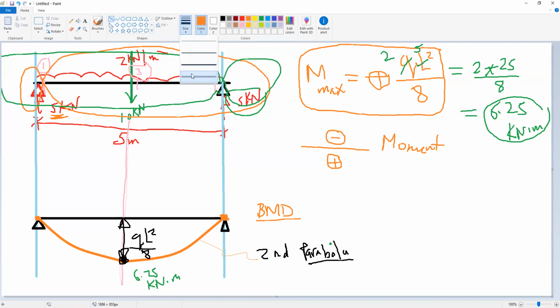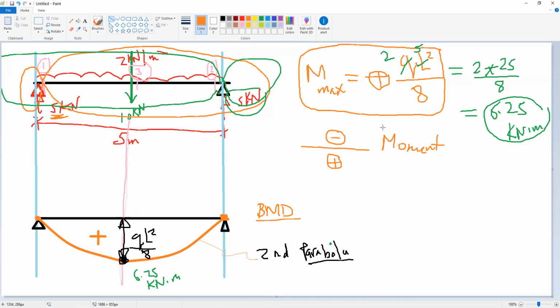Positive, because it is under the datum. Okay. So you should keep this value in mind. If you have a simple beam and uniform load, the maximum moment will be at midspan and equal to QL squared by 8.